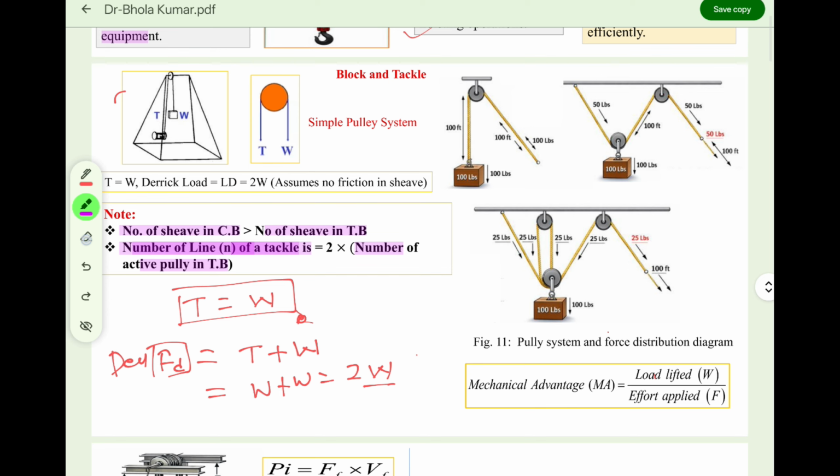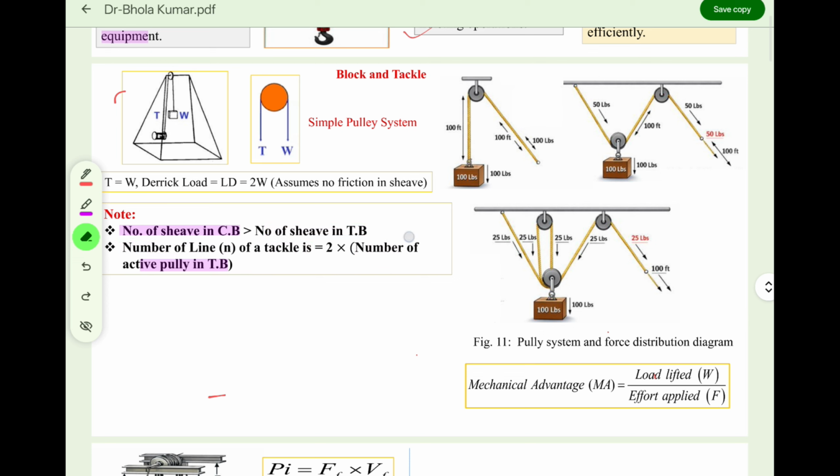Now the beauty of this thing, we need to understand the mechanical advantage. What is the meaning of mechanical advantage? We have talked too much about mechanical advantage, right?